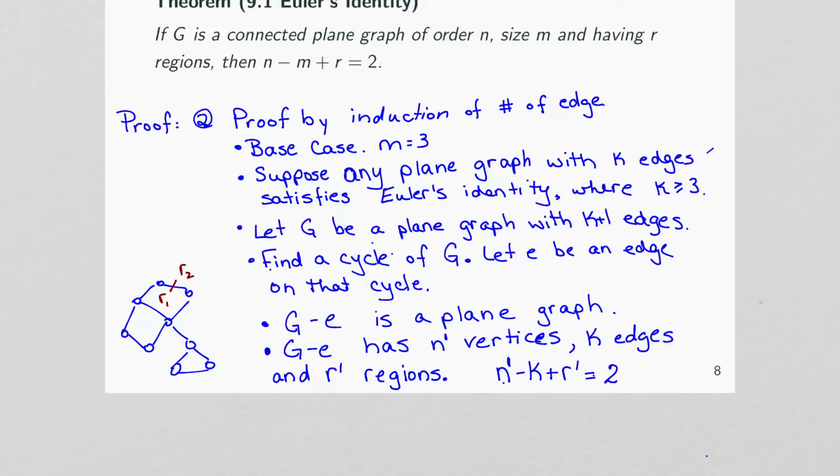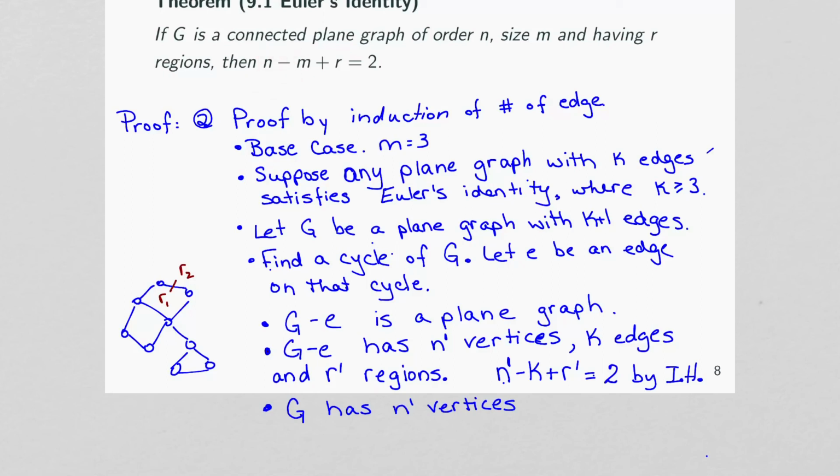Because of my induction hypothesis, this plane graph satisfies Euler's identity. So the number of vertices minus the number of edges plus the number of regions equals 2. That's by the induction hypothesis. Now I think about what's happening in G. G has n prime vertices, and I've written m prime just not to confuse it with the general n here.